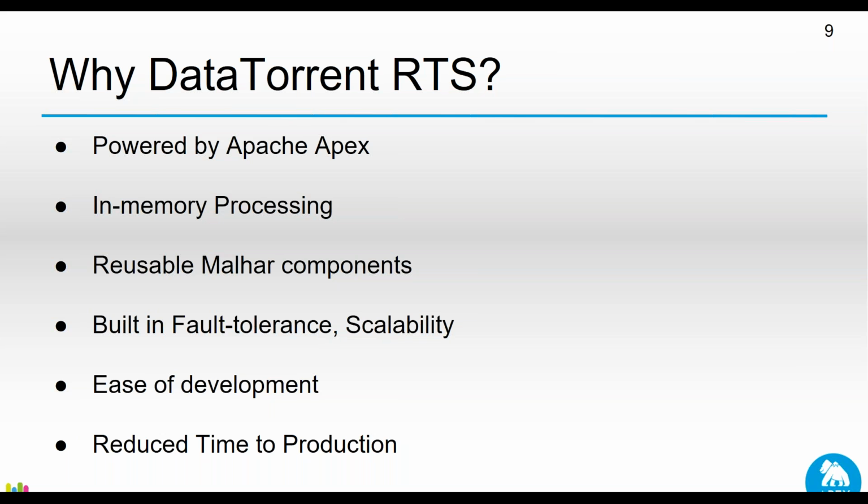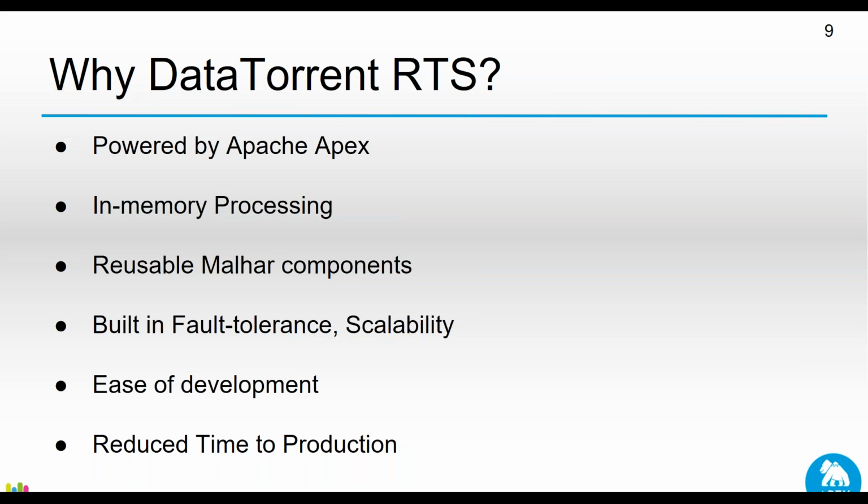This is what Apex is. It's a true streaming engine, where we look at Kafka, for example, as a messaging queue, where we are reading data through a Kafka client based on the topic and the partition. You could play this data in the pipeline and perform all your computations, which are given as operators as part of the Apache Malhar library.